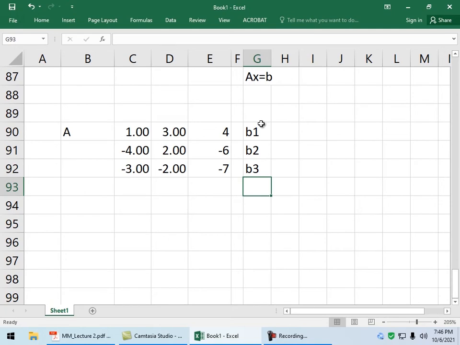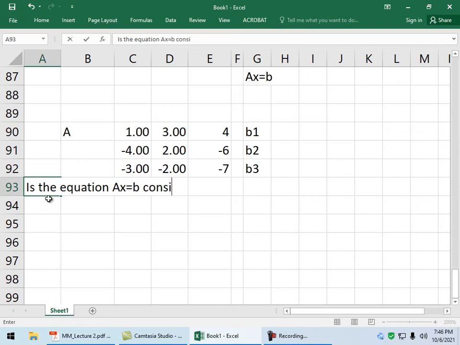And the question might be raised like this: is the equation Ax equals b consistent for all possible b1, b2, b3?